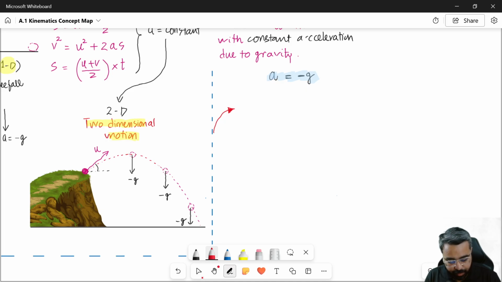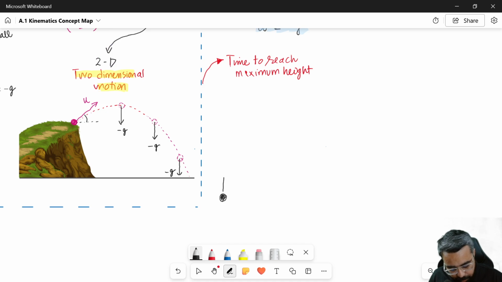This is a special case: if you throw a ball, how much time will that ball take to reach the maximum height? So I'm saying time to reach maximum height. Students, when you throw this ball with some initial velocity u, it will decelerate because earth is pulling this ball down.